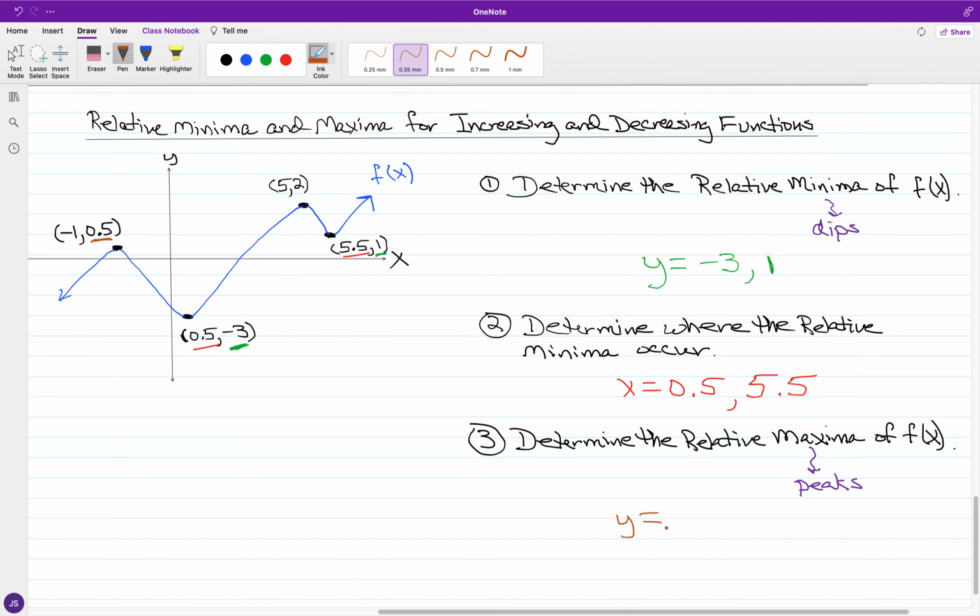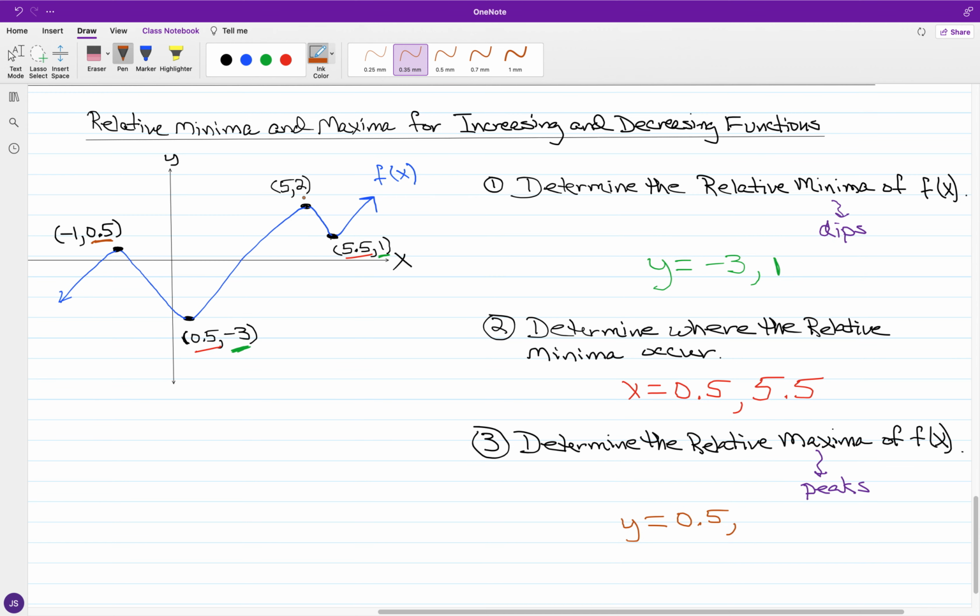So one y value, you have it at 1/2. You have bottoming out, then you rise up, and then you dip once again. So the relative peak point here occurs at y equal to 2.